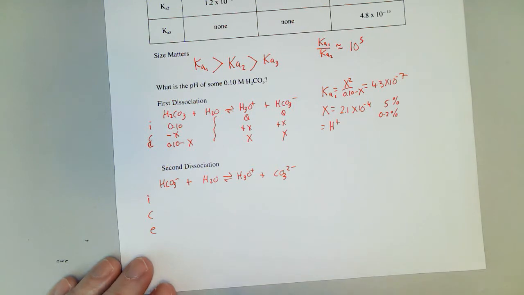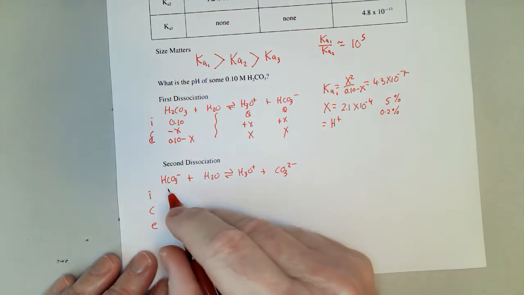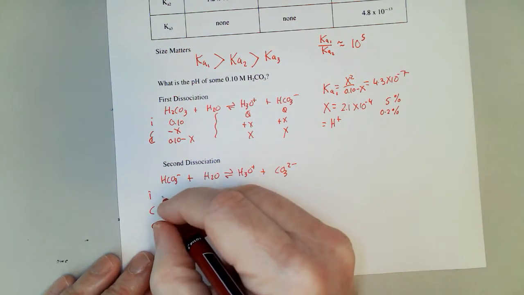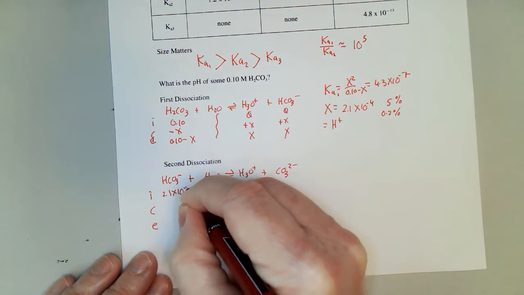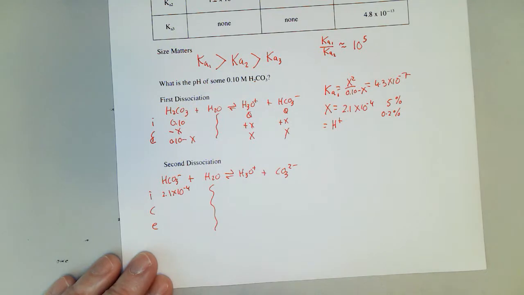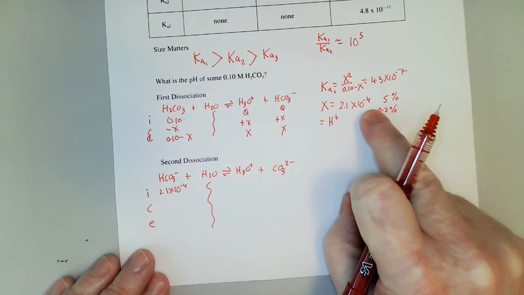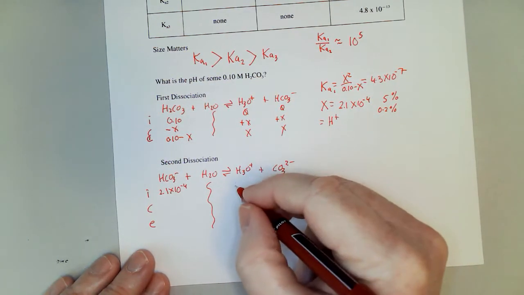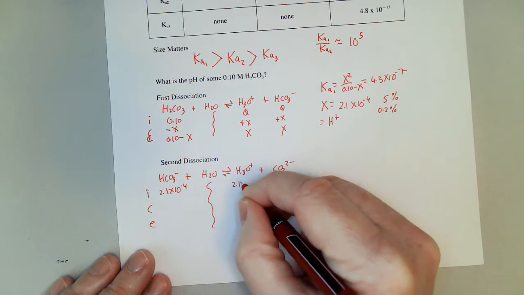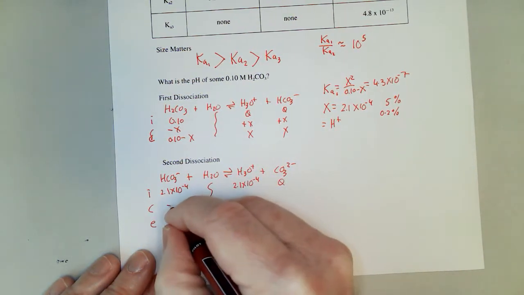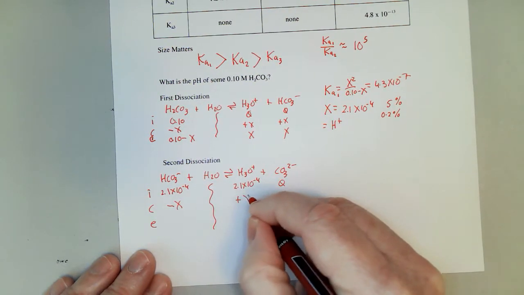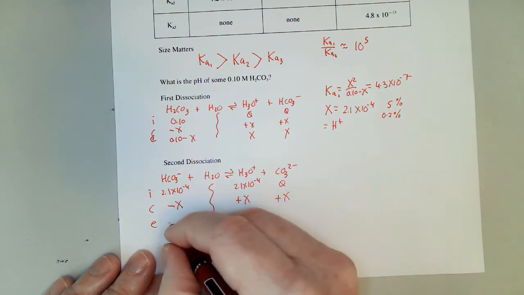Now here's where things are different. The initial concentration of the HCO3- is 2.1 times 10 to the negative fourth. I calculated that up here. The initial concentration of the H3O+ will be the same, and there'll be no carbonate. Minus x, plus x, plus x.